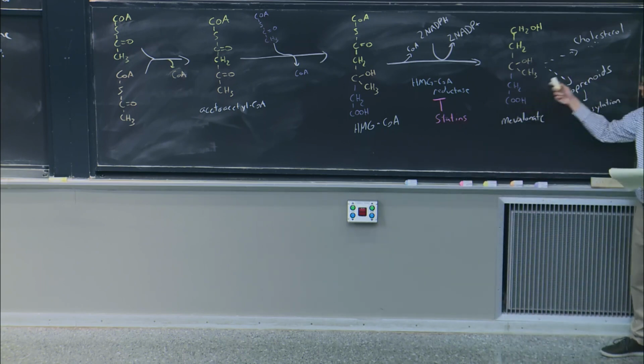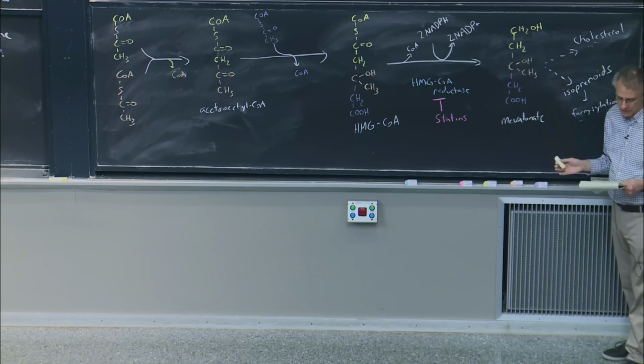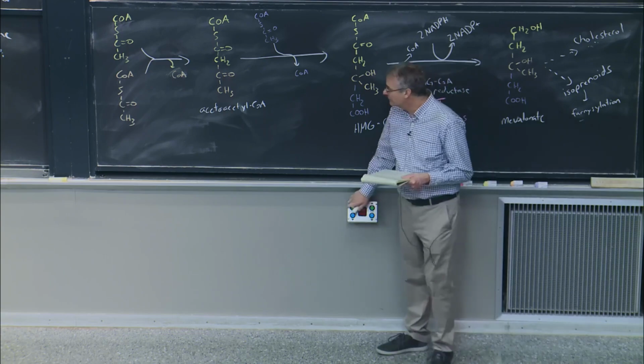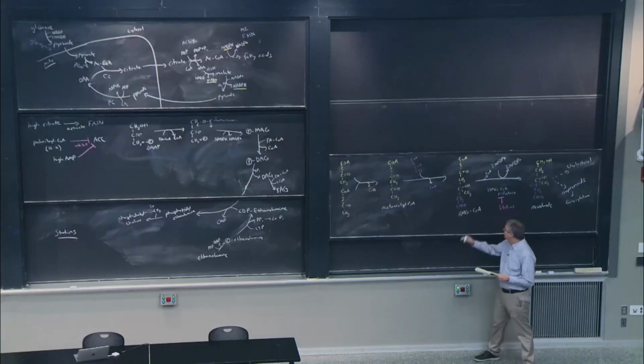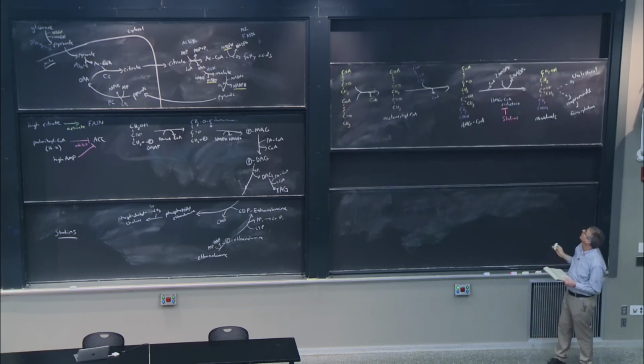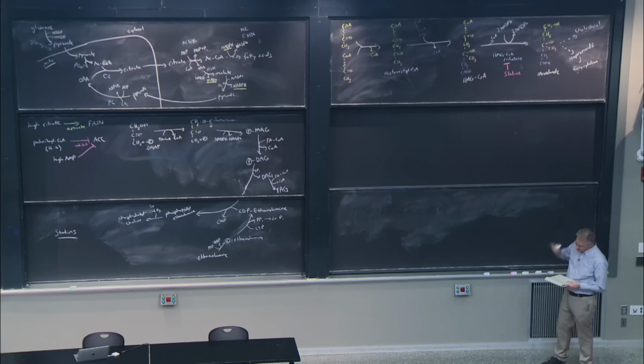And so statins will also block the production of these molecules that are important for these various signaling proteins. And so you should have some understanding of what mevalonate is, where it comes from, how it's involved in cholesterol and isoprenoid synthesis, and that it's the target of statins.